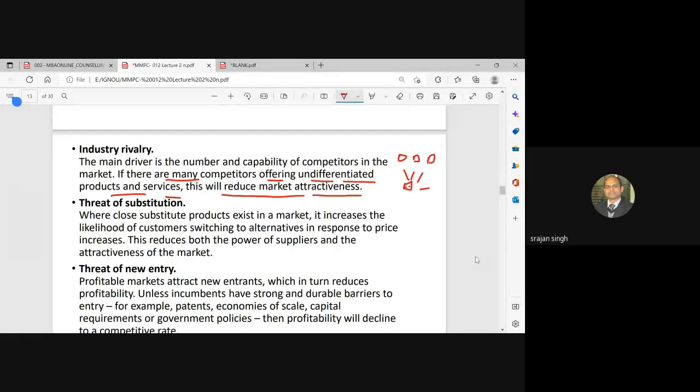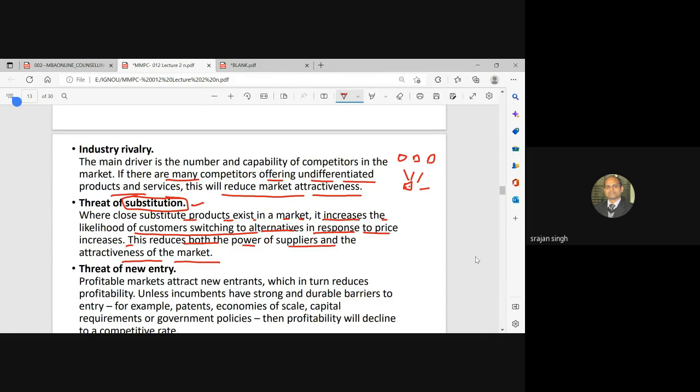A threat of substitution: where close substitute products exist in the market, it increases the likelihood of customers switching to alternatives in response to a price increase. So if a perfect or suitable substitute product is available, then the chances of customers or buyers shifting from product 1 to product 2 will be quite high, and it reduces both the power of suppliers and the attractiveness of the market.